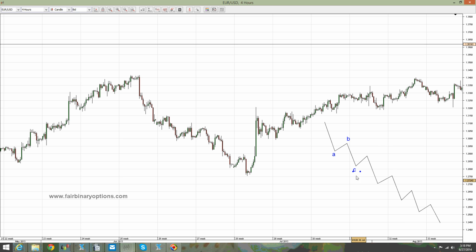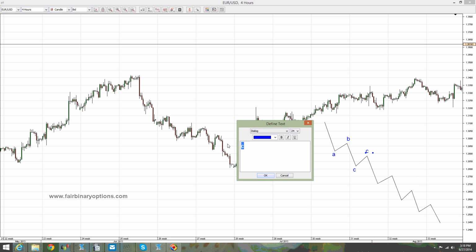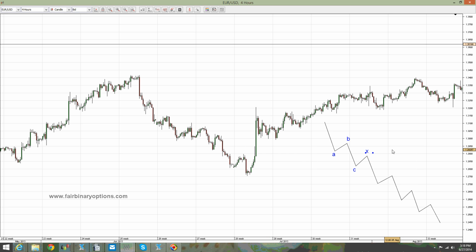Then we have the intervening X wave. The intervening X wave is this one here, and by the time the market goes and takes a new low here with an impulsive move, you already know that a new corrective wave started, and if this is an impulsive move, it can only be a zigzag. So we go again A and B, and then the C wave to the downside.